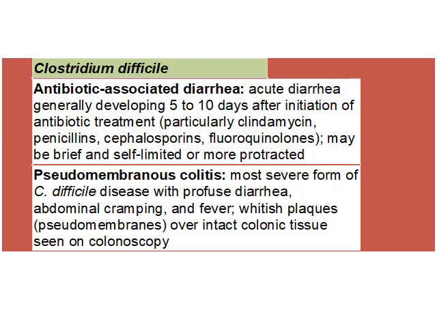So antibiotic-associated diarrhea, that's pretty much the most important clinical picture of Clostridium difficile, and that is not with any other bacteria that I've discussed so far. It is an acute diarrhea developed 5 to 10 days after initiation of antibiotic treatment, especially if you put your patient on this one, right?